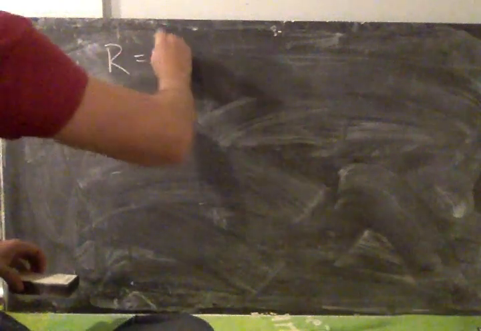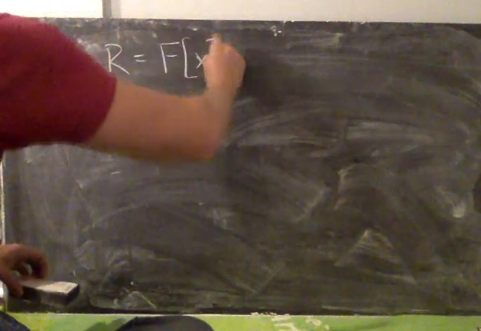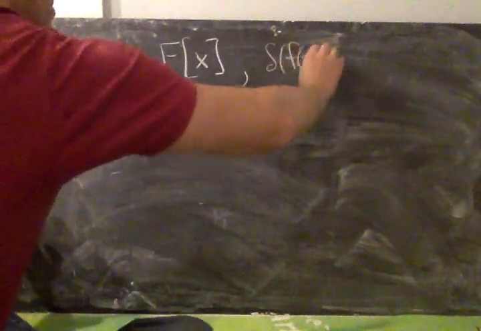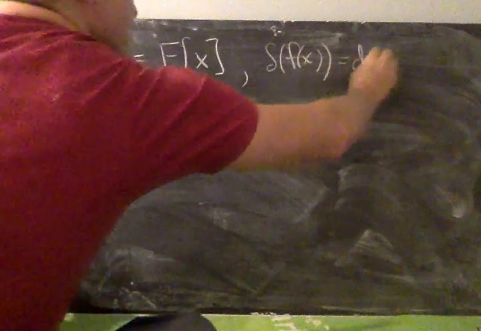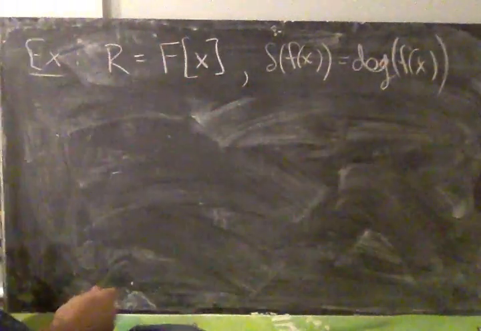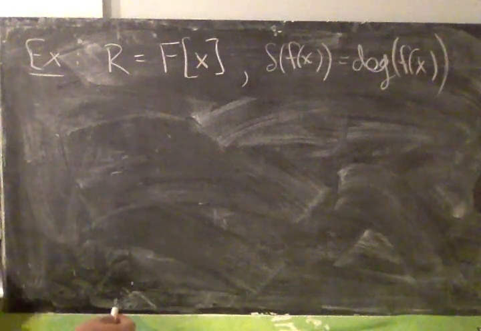Okay, the other example is when R is the ring of polynomials over a field, and delta of f of x is equal to the degree of f of x. Right.